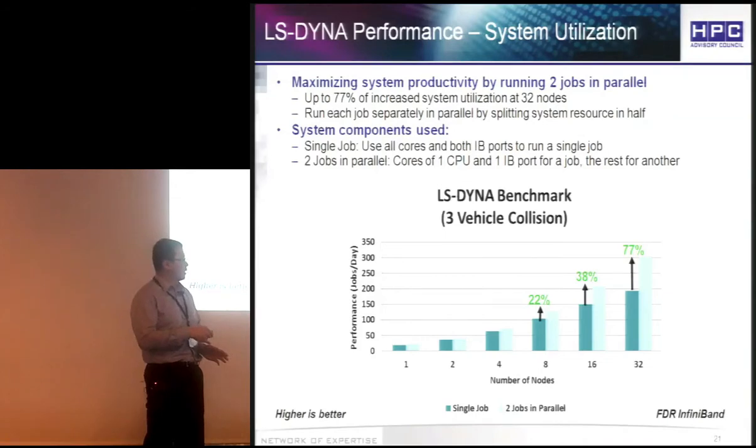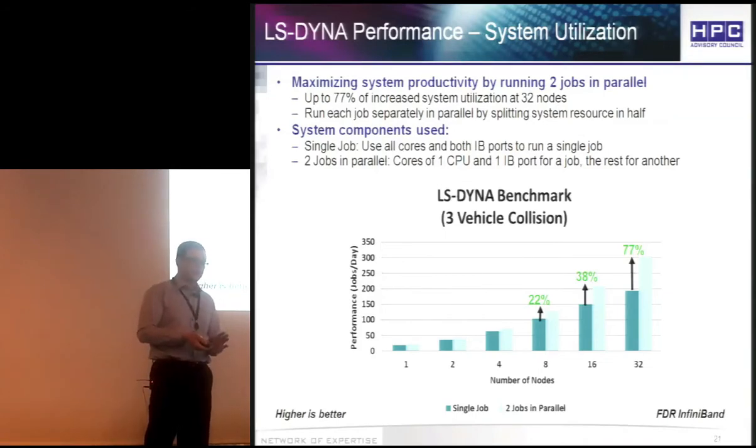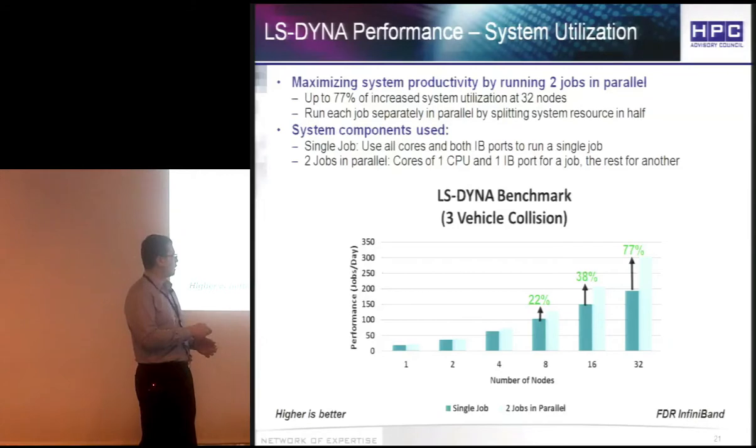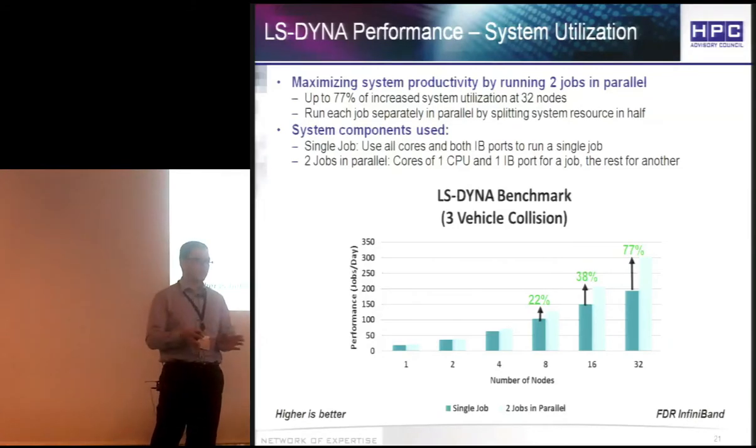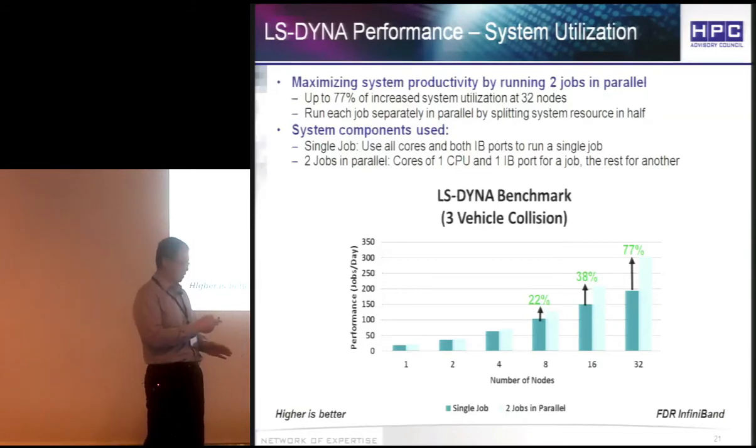And if I take those 32 nodes and run 2 jobs in parallel, each using half of the available cores on those systems, I end up getting much higher performance right here.